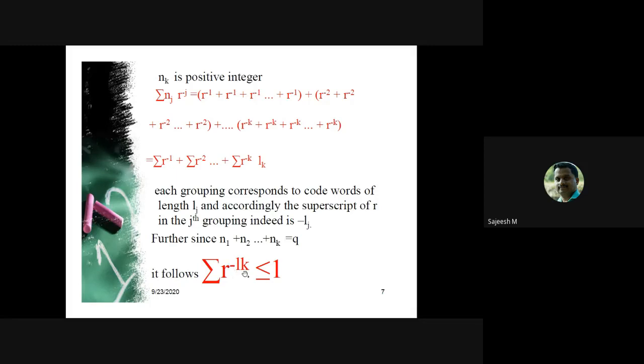This sum must be less than or equal to 1 for an instantaneous code. If a code satisfies this Kraft inequality, we can say it is an instantaneous code.